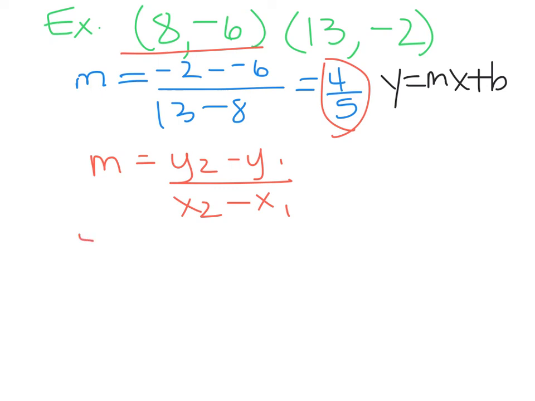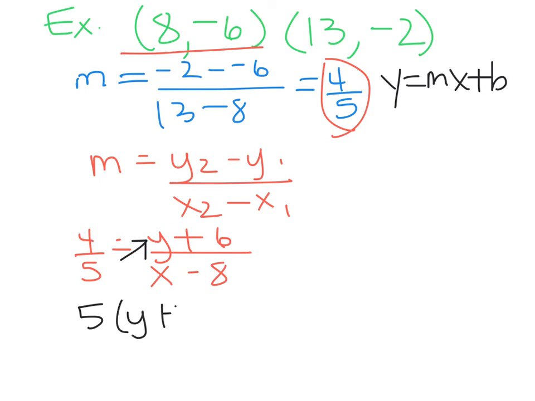So I have 4/5 equals y minus negative 6, so plus 6, over x minus 8. I'm ready to cross multiply, and again, I'm going to cross multiply the y direction first so that my y is where I want it to be. So 5 times y plus 6 equals, go the other direction, 4 times x minus 8.